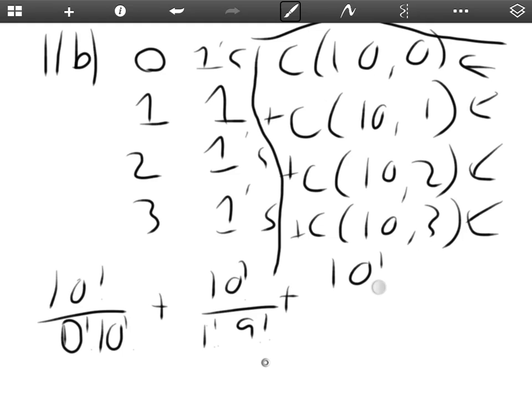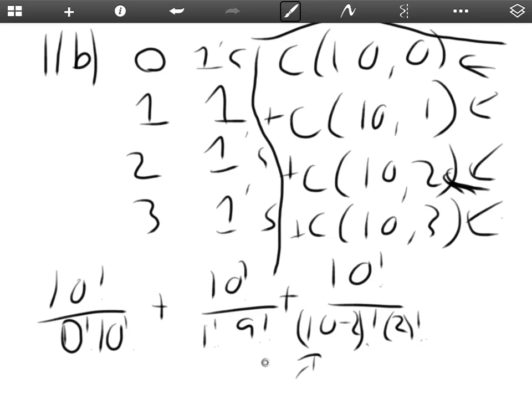You take this 2 right here and subtract it from 10. 10 minus 2, and take that factorial. Then you multiply that by this number here, 2, factorial.